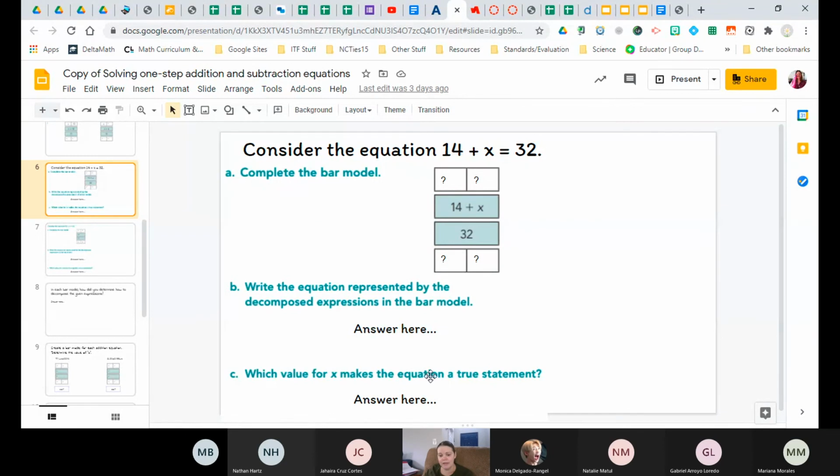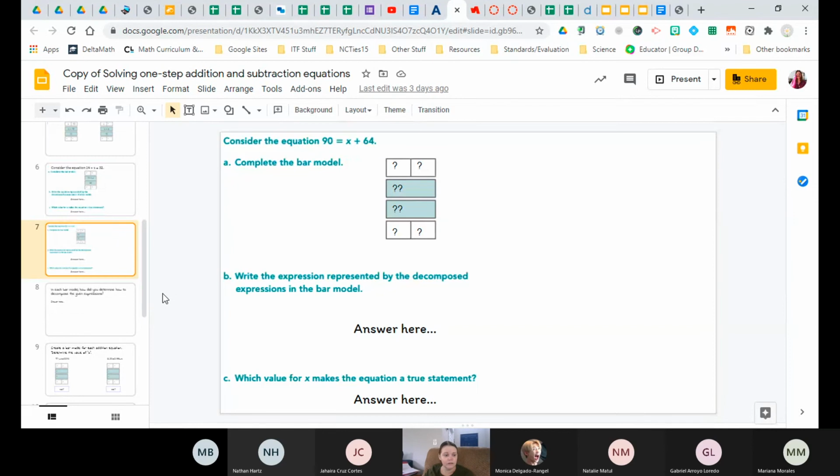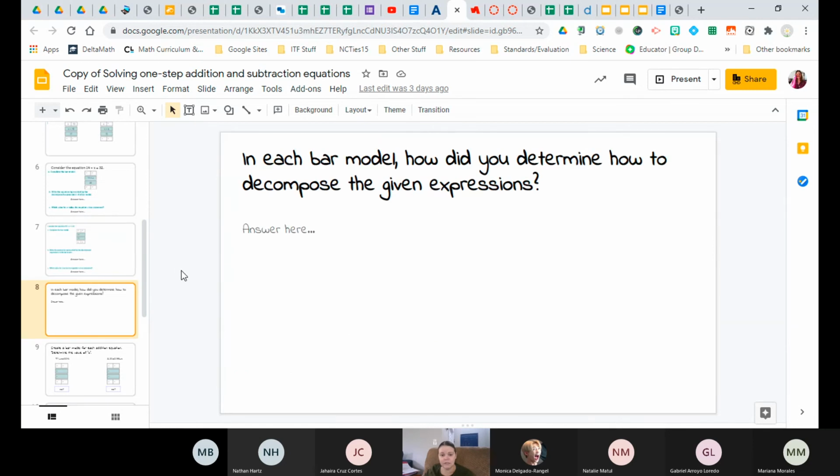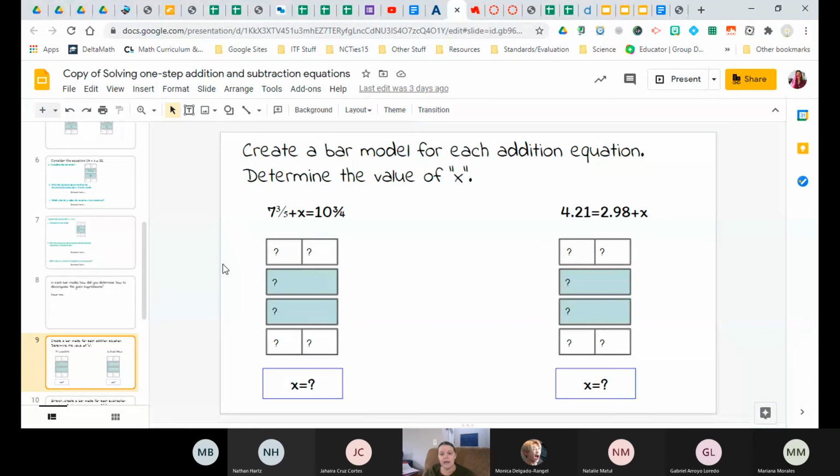And then which value of x makes the equation a true statement. So whenever you write it, what is this x value equal to for answer C? Same thing on question 7, only this time you're going to fill out the entire bar model yourself. And then answer the question on slide 8. And now we're going to get into decimals and fractions.